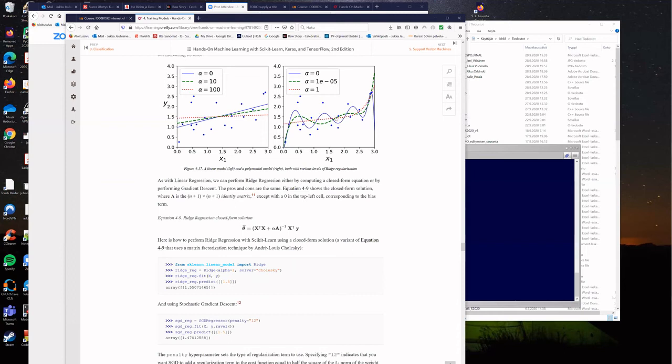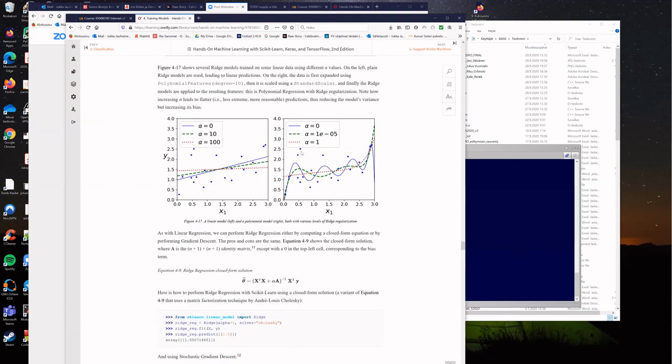It's quite a high degree of polynomial because it goes through several minima and maxima. But in this case, using an alpha value of 1 gives quite a good fit to the observed data.